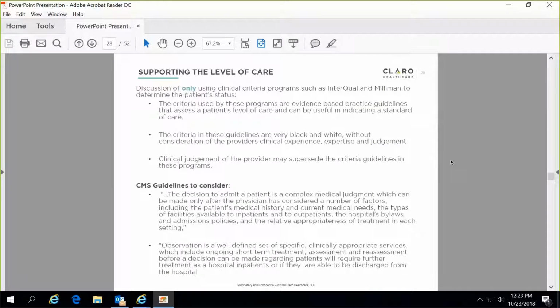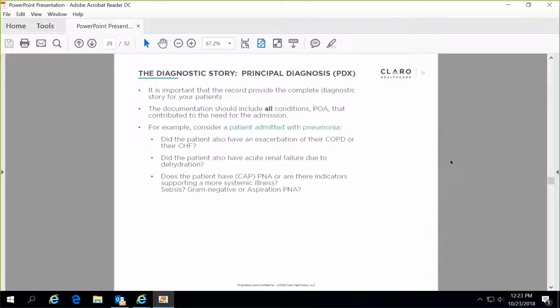And we're almost done with this. If we have a complete diagnostic story and it's accurate, we can assign the appropriate principal diagnosis for that patient. And it really isn't the physician deciding that principal diagnosis. It's coding who's deciding that principal based on your documentation.